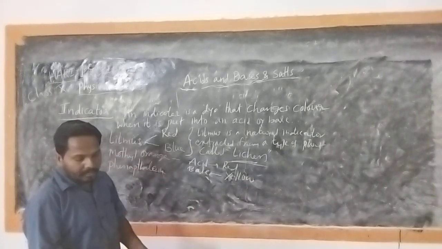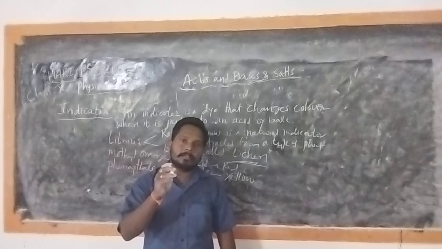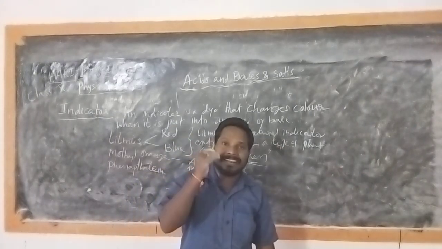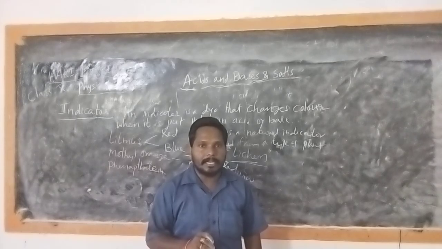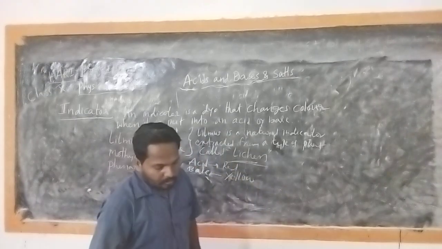Whereas phenolphthalein is also an indicator which is colorless. Phenolphthalein indicator is colorless.